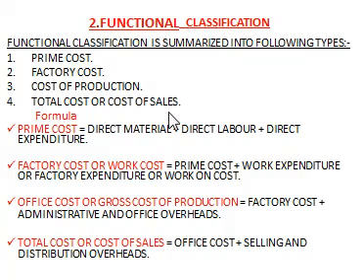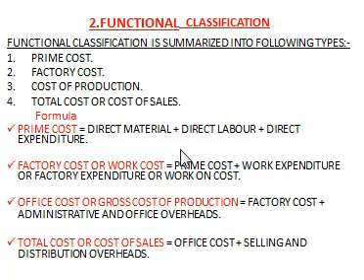So as I said before, prime cost, you are getting your direct material plus direct labor plus direct expenses. When it comes to factory cost, or what we call works cost, you have the prime cost, meaning these are your direct cost, plus works expenditure or factory expenditure, or what is called the factory overhead.